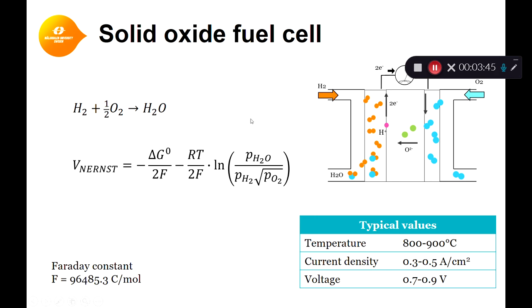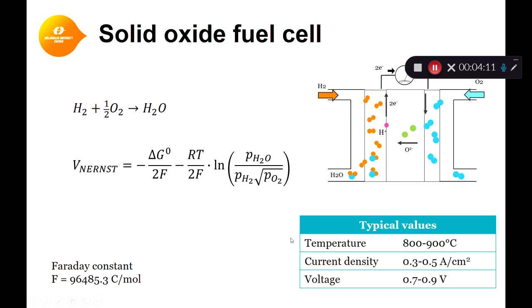So the Nernst potential can be modeled by taking into account this ratio between the partial pressure of the water and partial pressure of hydrogen and oxygen, which are the reactants. Again, empirical models for the losses can be used to calculate the final fuel cell voltage and power.